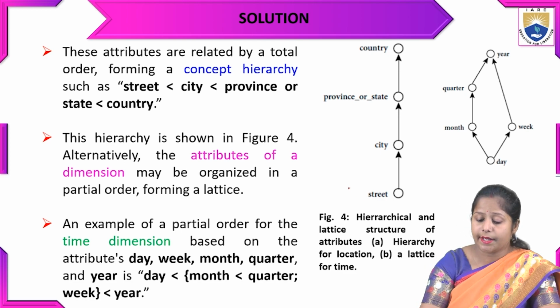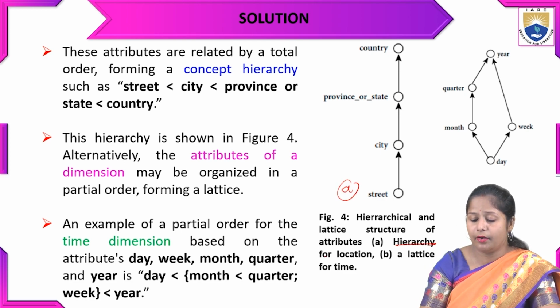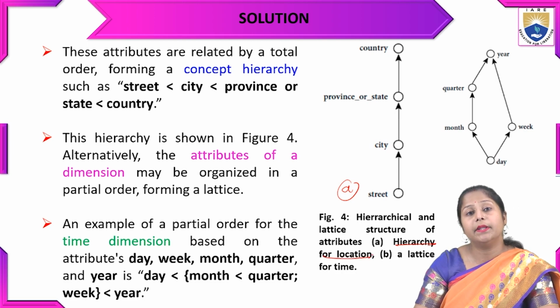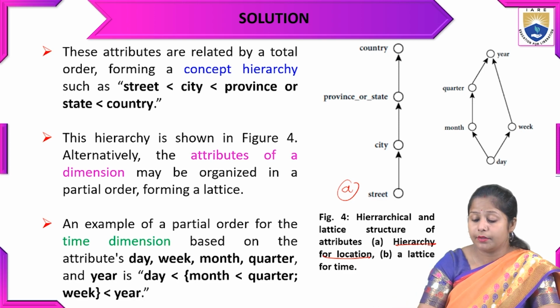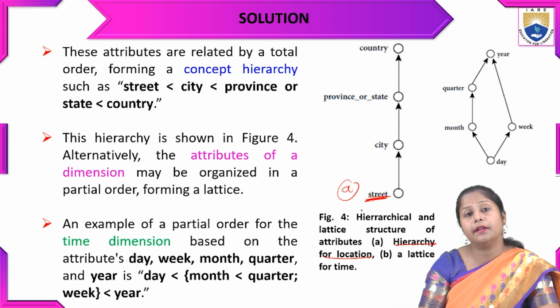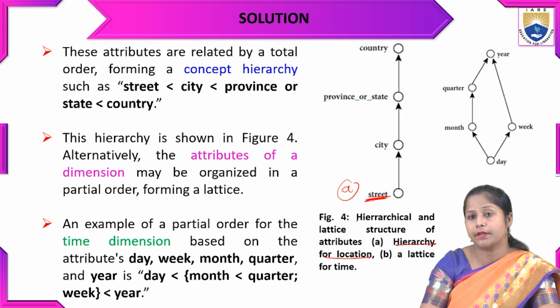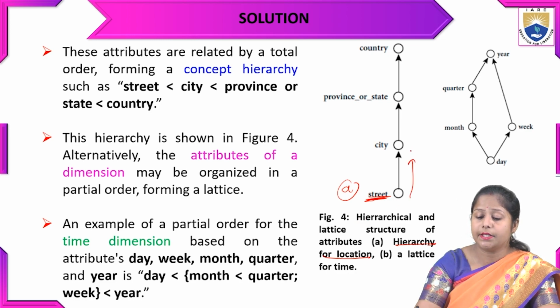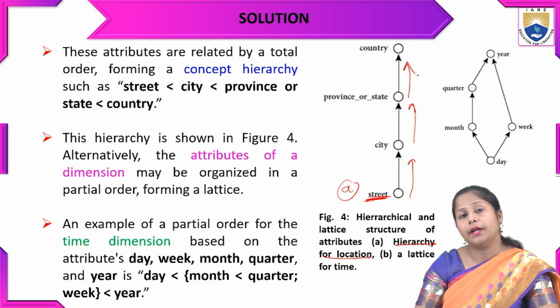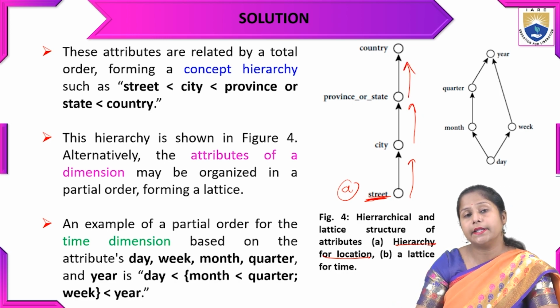First is A, the hierarchy for location. It starts from the street, the lowest level of that dimension, then street to city, city to province or state, up to country, which is the highest level of that hierarchy.